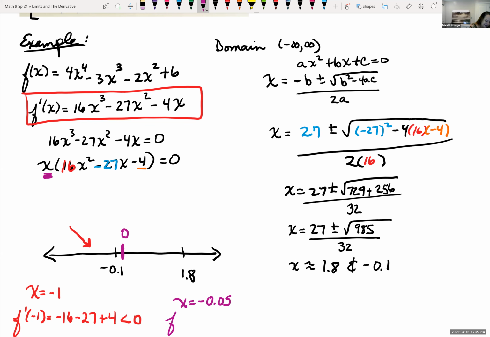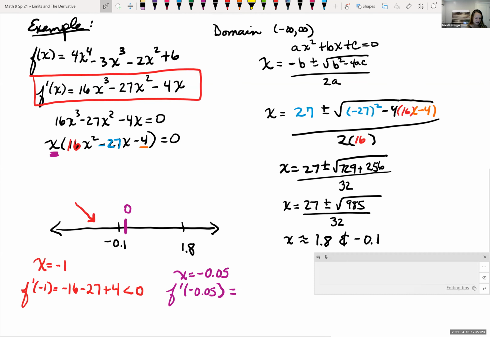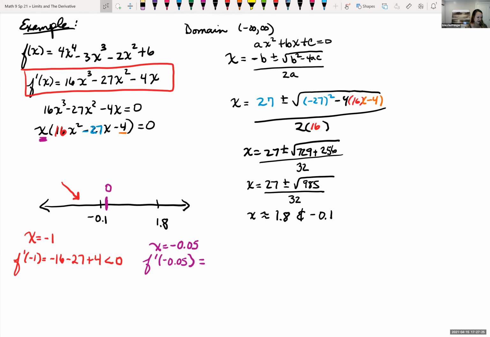So we need to plug that back into the derivative. This is where it would have probably been better if I had chosen something that was inside the section we were in, because we don't always get pretty numbers in mathematics. So plugging that in, I'm going to get negative 0.05. I'm going to cube that.